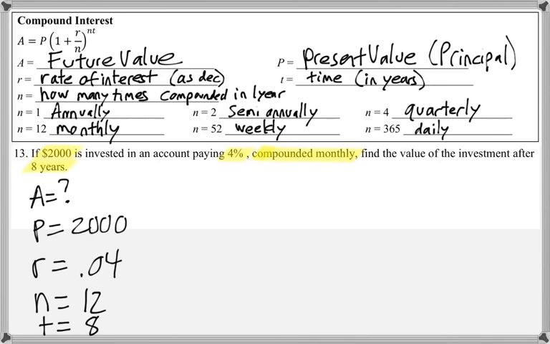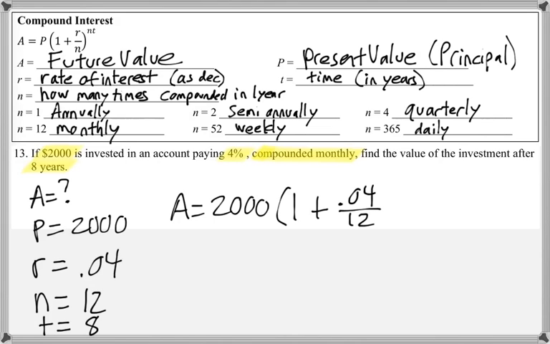So my formula is going to be 2,000 times 1 plus 0.04 over 12 raised to the 12 times 8. And let me calculate that.